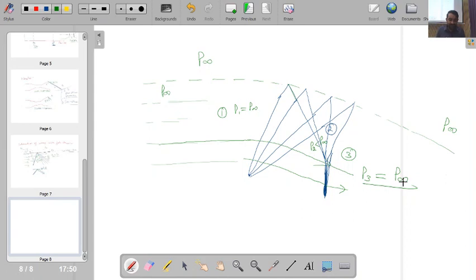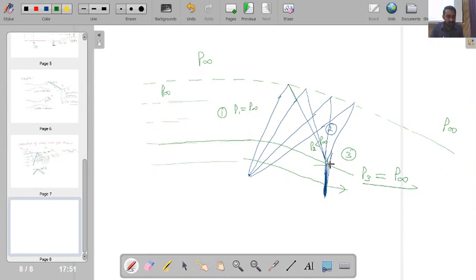So here I can see that if I have an expansion fan, that expansion fan is reflecting back as a compression wave. I am not calling it even a shock wave, because in this zone it is a combination of multiple waves, and after this point it is behaving like a shock wave, but up to this point it is a combination of waves which are converging towards a single one.